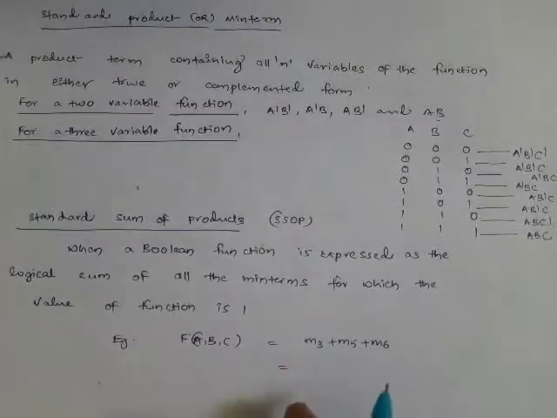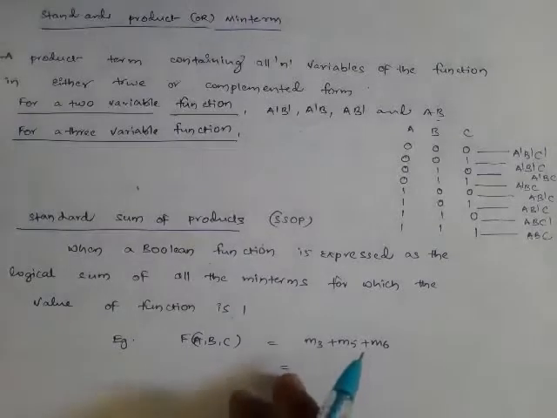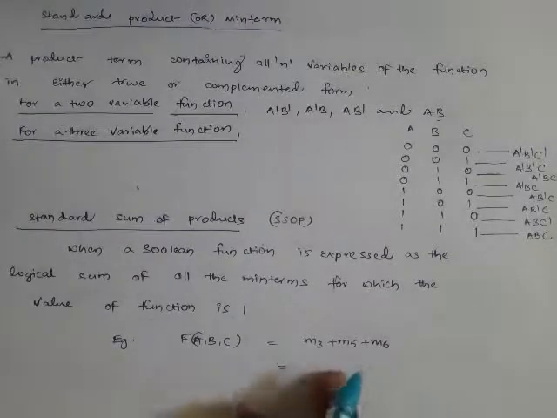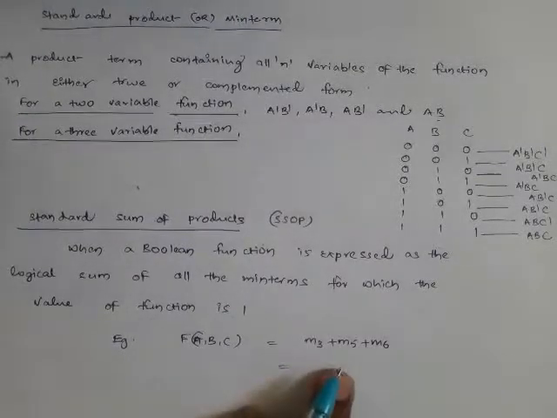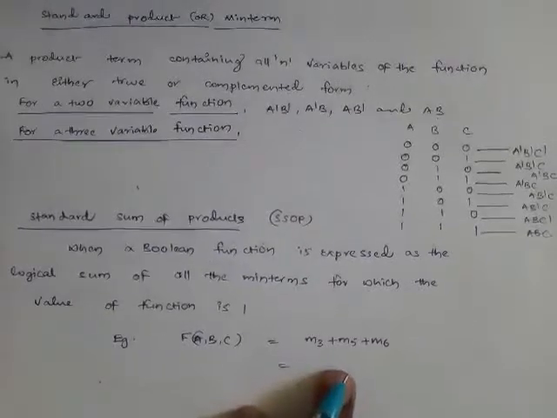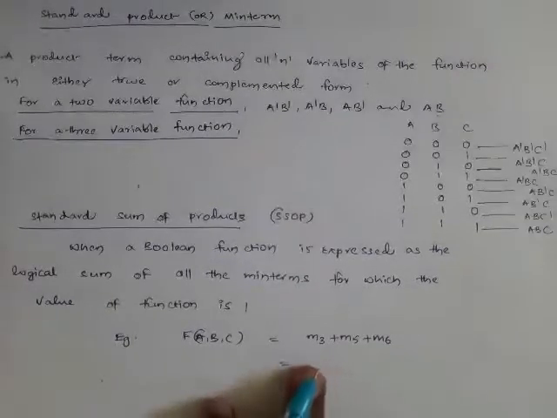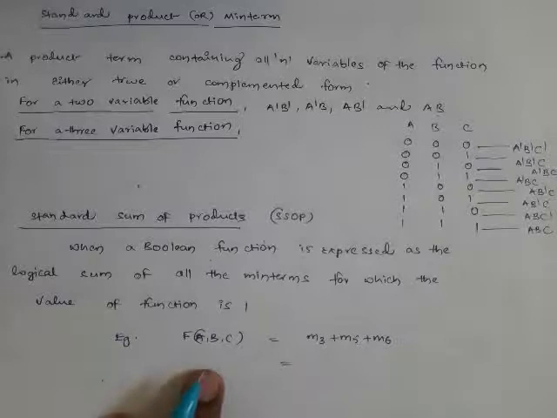Not all the minterms of the function, but only those minterms for which the value of the function is 1. If such minterms are taken and a logical sum operation is performed on them, then we will get the expression in the form of standard sum of products.